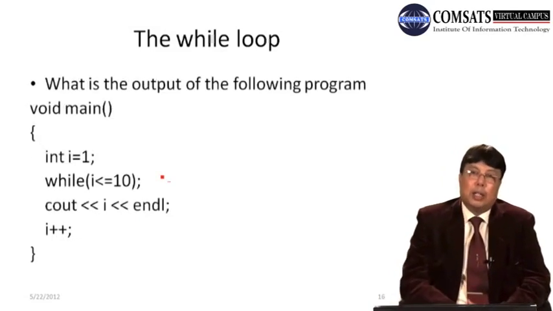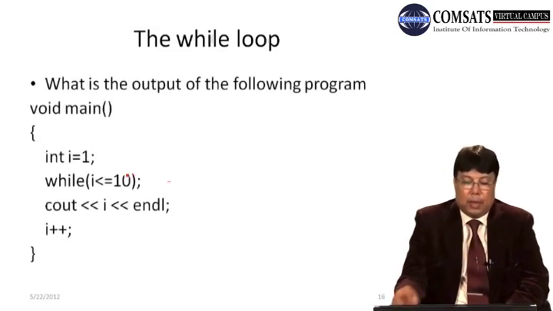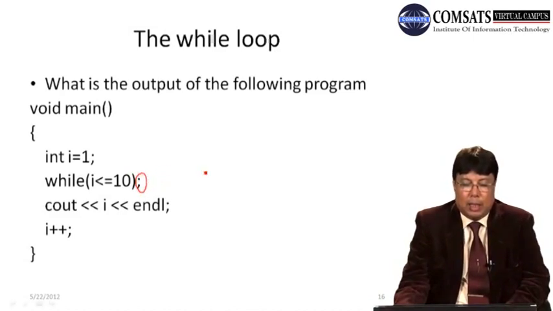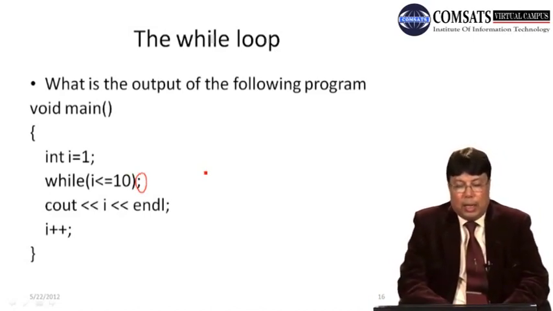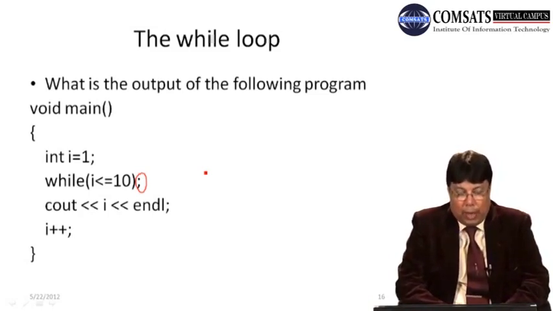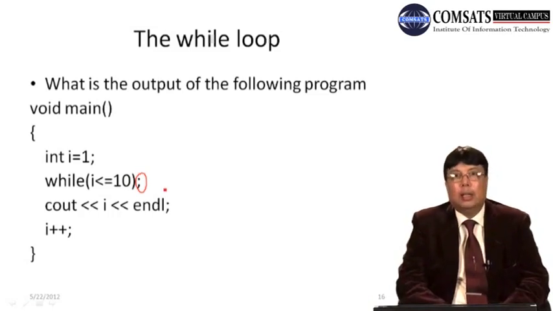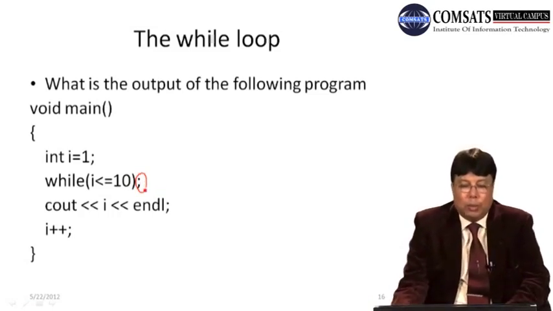There is an error in this particular program. What is that error? Look at the construct here once again, which I also told you last time, that if you use a semicolon here, it means the body of the while loop is null. The body of the while loop will be equal to this semicolon.